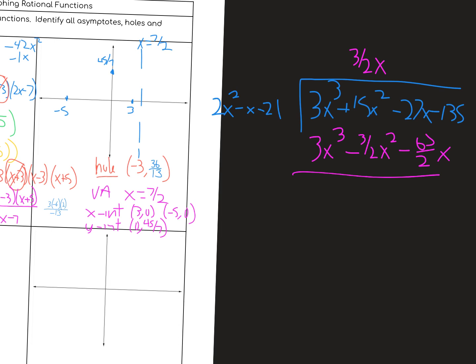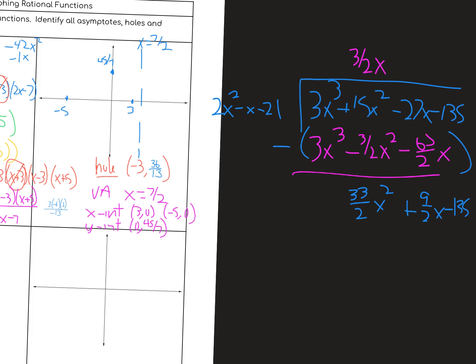Subtract down. 15x squared minus negative 3/2, so that's 30/2 plus 3/2, so that's 33/2 x squared. And then 54, 63, 9, and minus 135.